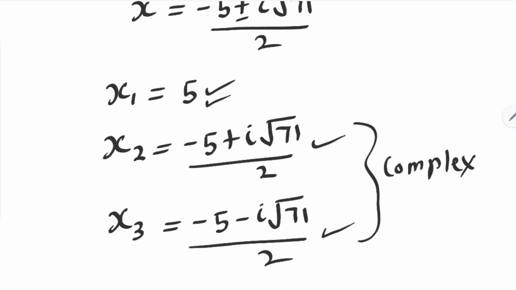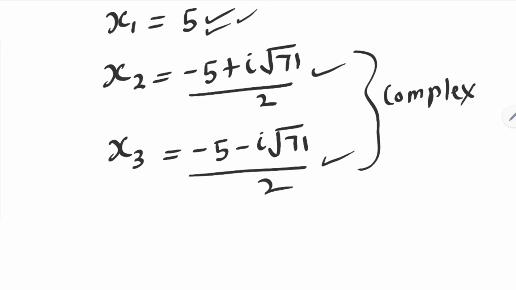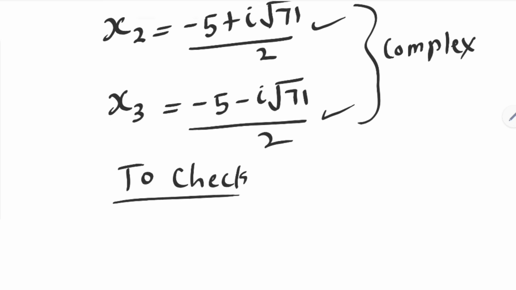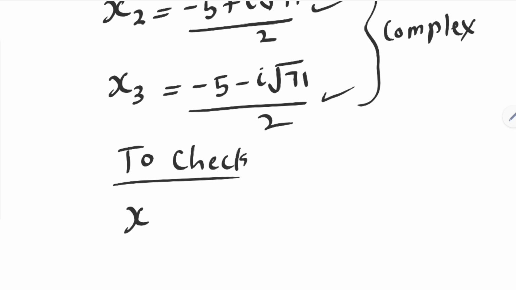We may check to confirm using this real root solution if our answer is right or wrong. To check, we have the given equation s raised to power 3 minus s is equal to 120, if s is equal to 5.